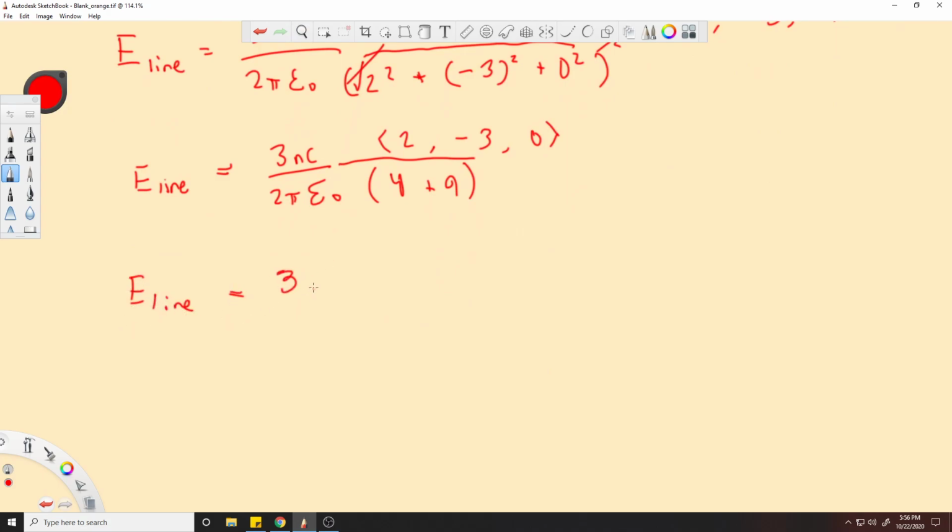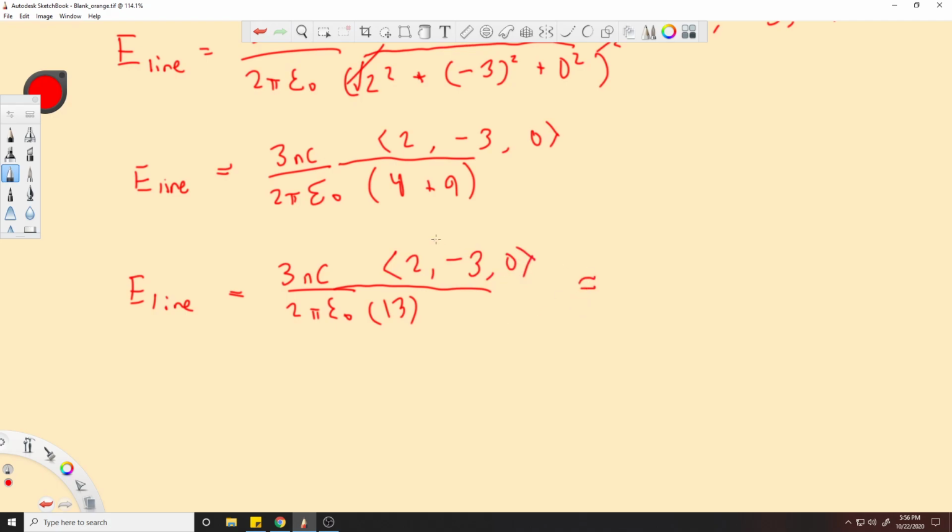This is more of arithmetic at this point, but I'll keep going. 4 plus 9 would be 13. 2, negative 3, 0.